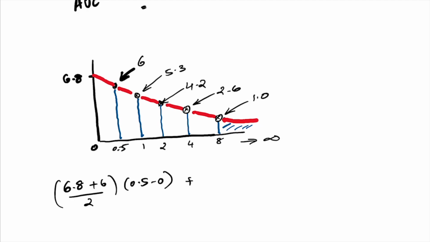The next trapezoidal element is the average of the next two sides, 6 plus 5.3 divided by 2. So the average of two consecutive concentrations times the time difference, that's all, times 1 minus 0.5.